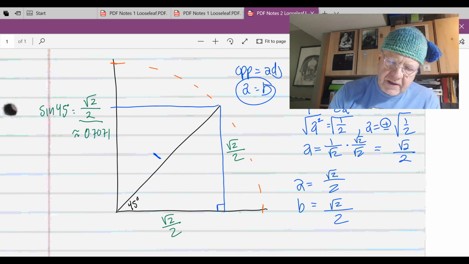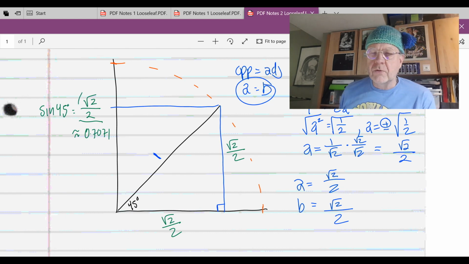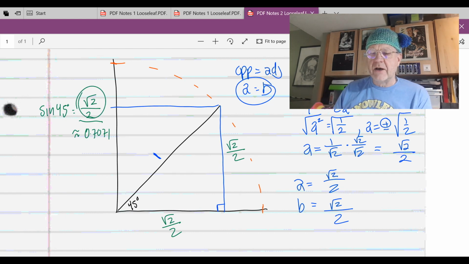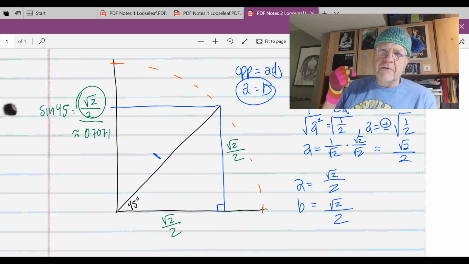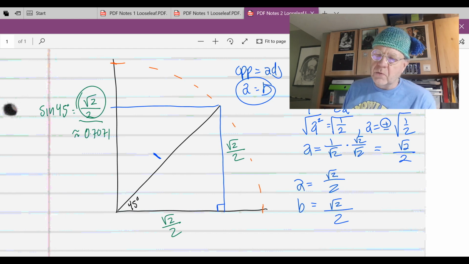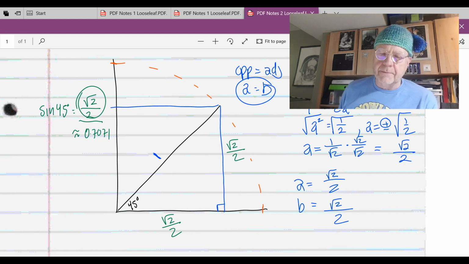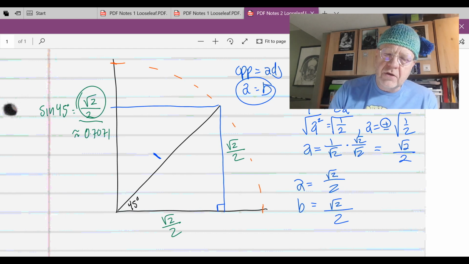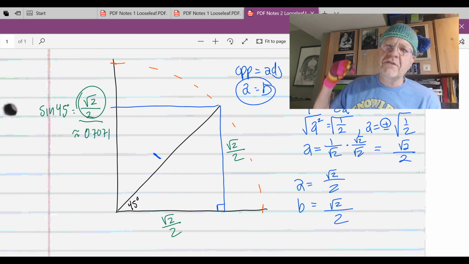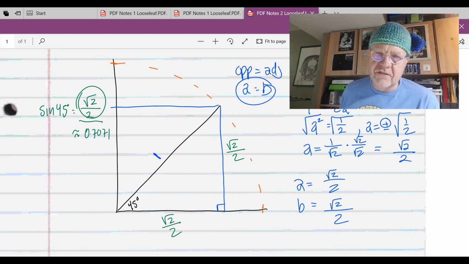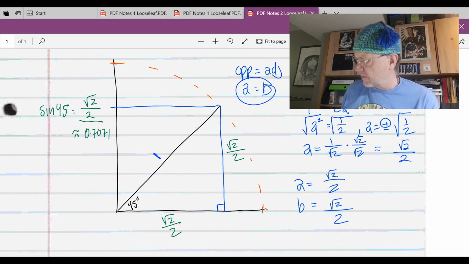The difference is that root 2 over 2 is an exact value. Root 2 in the numerator is irrational. If you try to get a decimal version for that, you will never have an exact number. So if you want an exact value, you keep it in this form. If you want a decimal value to work with practical trigonometric problems, then you can go root 2 divided by 2 or sine 45. In both cases, you'll get 0.7071.